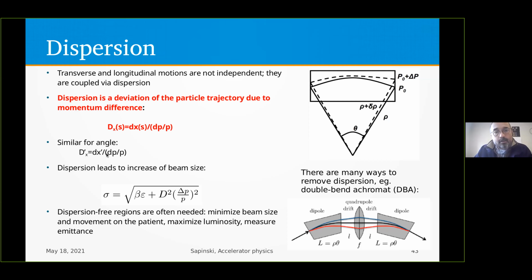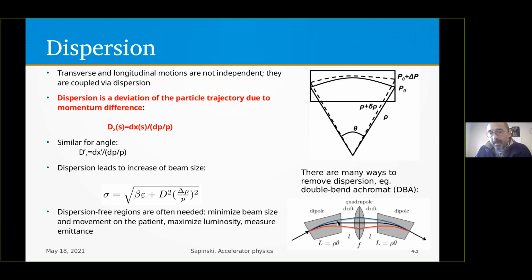The change of the angle with change of the momentum is dispersion prime. When we have dispersion, it leads to an increase of the beam size. The equation I gave you before contained only the beta function and emittance, but the actual beam size is increased by the fact that we have dispersion and there is a certain momentum spread of the particles in the beam.